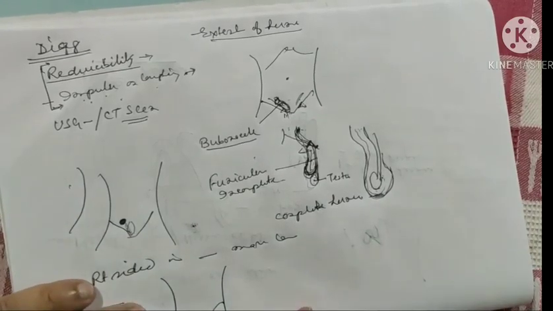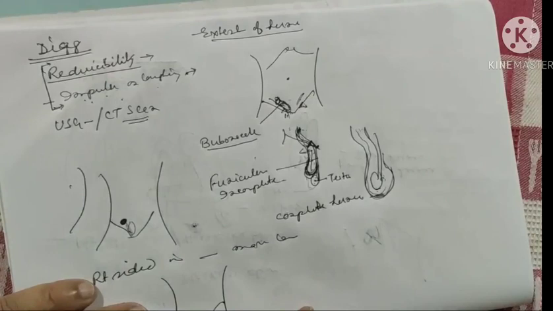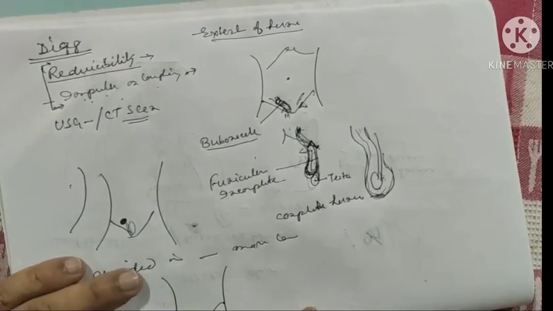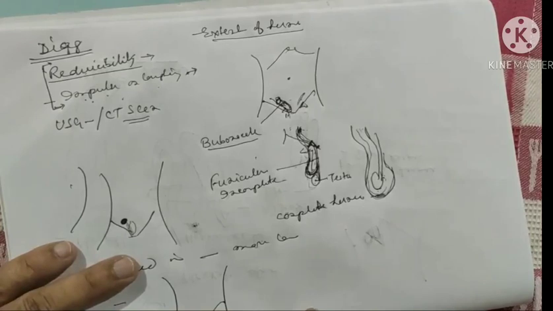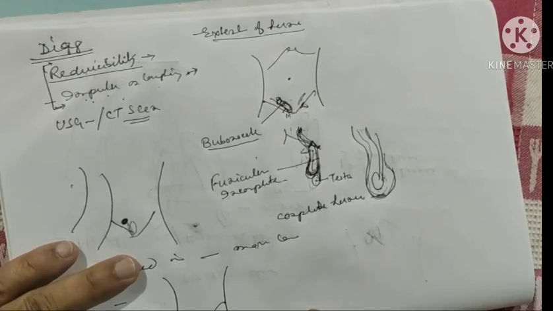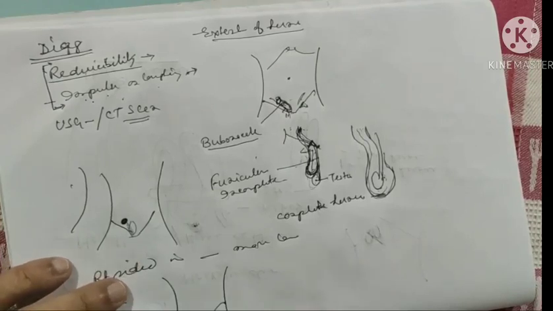If you feel the pubic tubercle, the inguinal hernia comes out above this pubic tubercle and medial to it. This is the external ring, and it is medial to it, and it comes out like this. That is, the inguinal hernia is above and medial to the pubic tubercle.